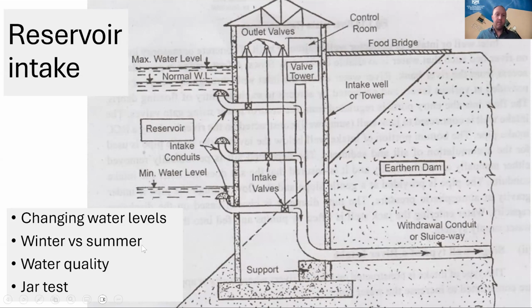So you may want to switch which intake is used depending on the summer or the winter, and that will change the water quality. Sometimes with that changed water quality, you'll have to change your treatment methods. So with these different intakes, perhaps you'll do a jar test, which is just figuring out the best treatment methods and the dosage of your treatment chemicals that work best with the different water characteristics.